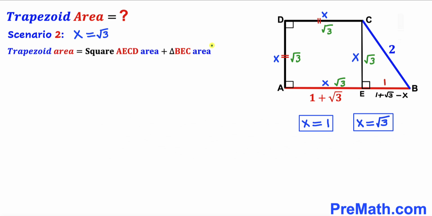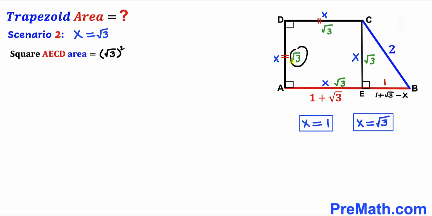And now let's recall this equation once again. We are going to calculate this square area and the area of this triangle BEC as well. So therefore the area of this square AECD is going to be (√3) squared, since the side length of the square is √3.